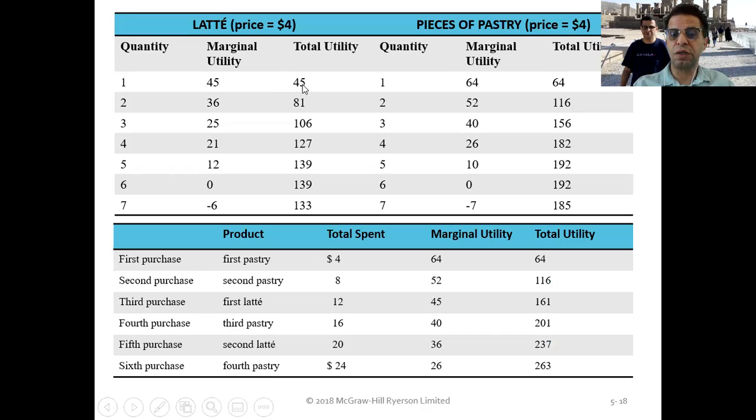Your total utility is giving you 45, and if you consume one quantity of pastry, you get 64 and 64. So definitely your choice will be selecting which one contributes more utility. And in this case, we have, okay, I found this on, I'm sorry.